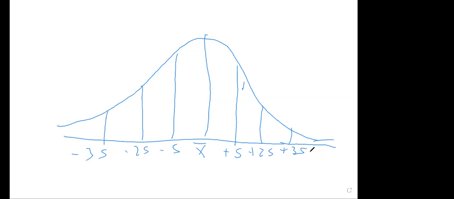So, for example, let's say the mean is 5 and the standard deviation is 2.